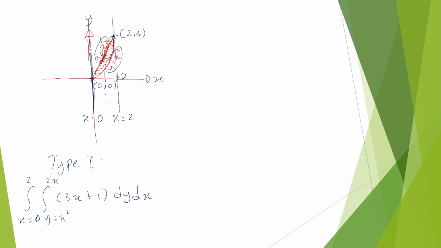Now we are going to evaluate our double integral. Integrate 3x with respect to y, which becomes 3xy, and then integrate 1 with respect to y, you will get y.